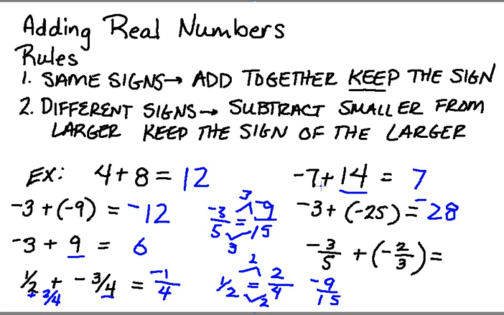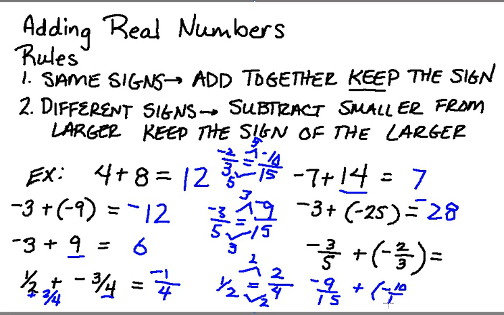And now we need to convert minus 2/3 to something over 15. I've got minus 2 over 3, and I want that to be equal to something over 15. So I multiply 3 by 5 to get 15, so I need to do that same operation in the numerator. 2 by 5, keep your sign, so it's minus 10. Okay, so I've got minus 9 over 15 plus negative 10 over 15.